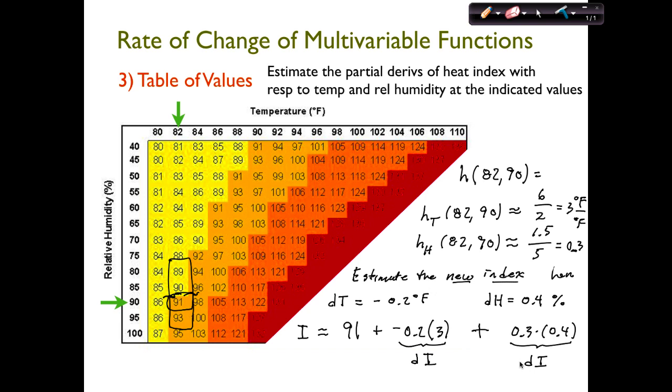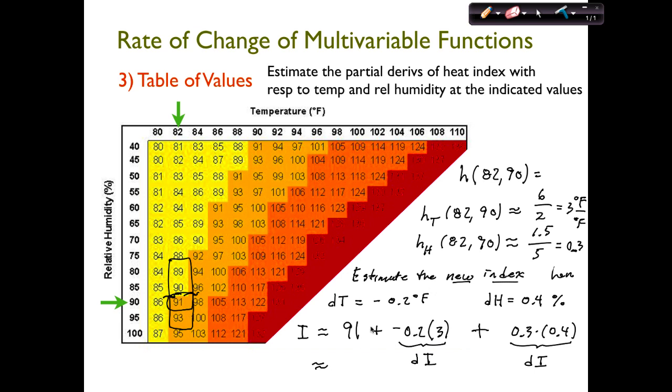So there's going to be some change in the index due to the change in temperature. That's this. And then separately, there's going to be a change in the index due to the change in humidity. That's this. So to get the new index, it'll just be the old index plus the sum total of all the changes due to temperature and humidity. Let's get a number for that. And this is approximate because our rates of change are approximate.